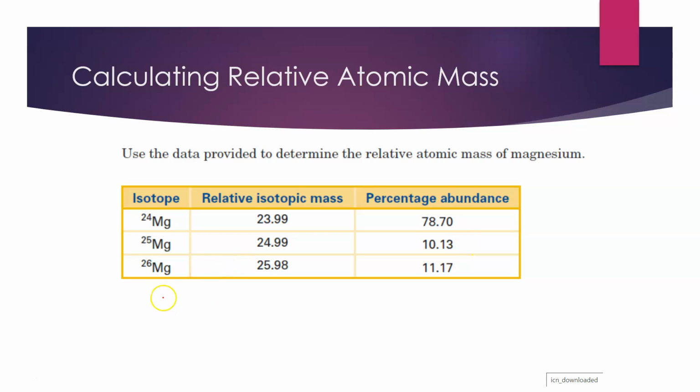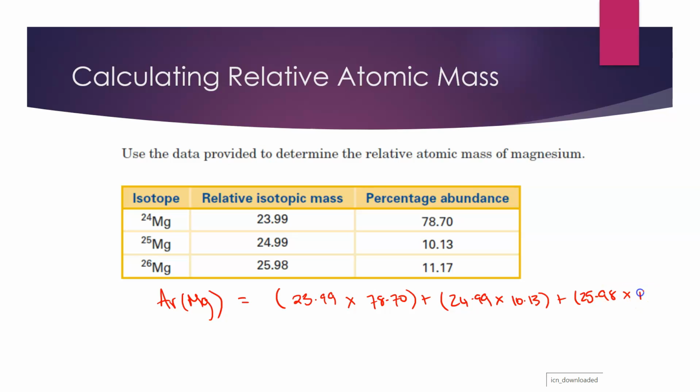So we're going to set up our calculation where the relative atomic mass of magnesium is equal to the relative isotopic mass, 23.99 in this case, multiplied by its percentage abundance plus the other isotopes, 24.99, multiplied by its relative abundance, then our 25.98 multiplied by 11.17, and this is all going to be divided by 100.